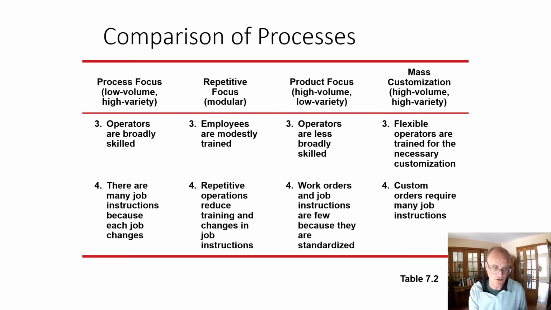So you really have to document it so each individual operator knows what they are trying to achieve. And in the product focus, work orders and job instructions are few because they are standardized, right? We know the first product is going to be exactly the same as the 1000th product. So sending detailed instructions with each iteration just doesn't make a lot of sense.